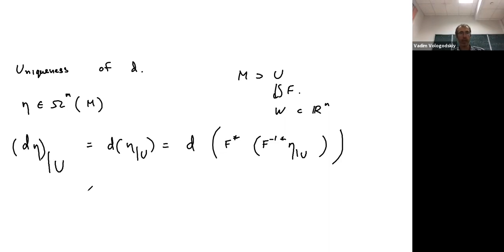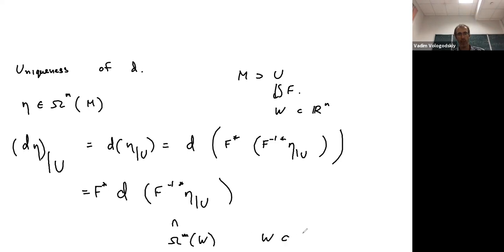This is equal to D F upper star, so the de Rham differential must commute with F, of F inverse upper star of eta restricted to U. And this is already a form on W, an open subset of R^n.